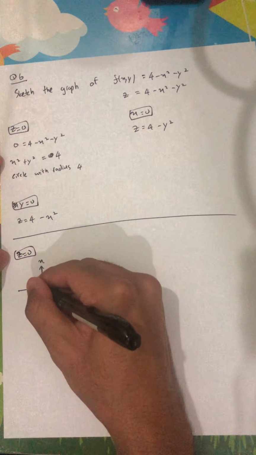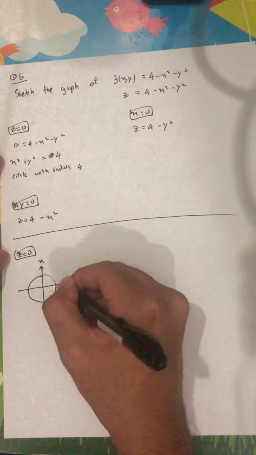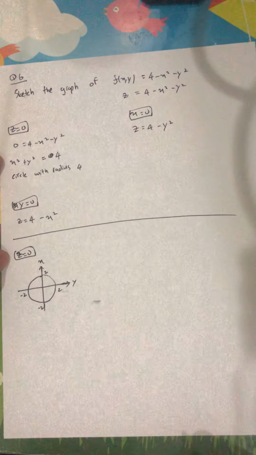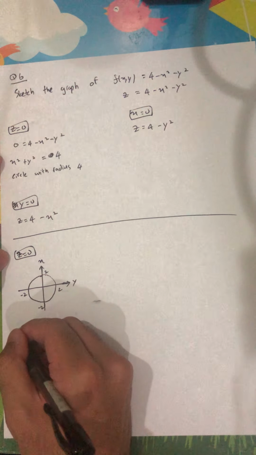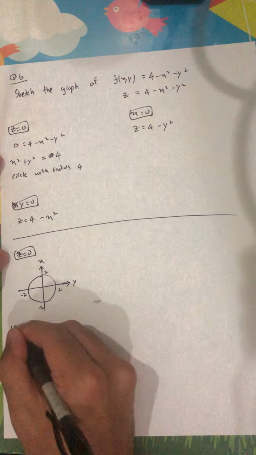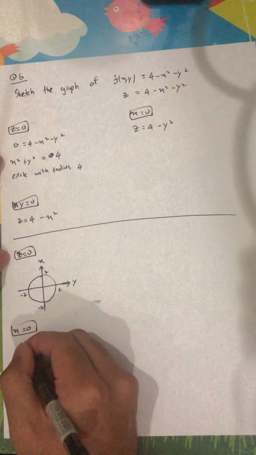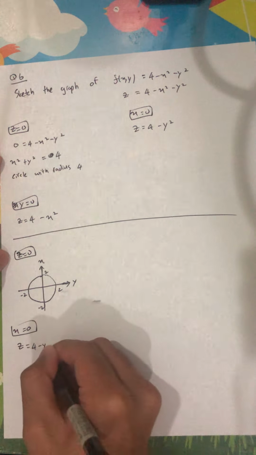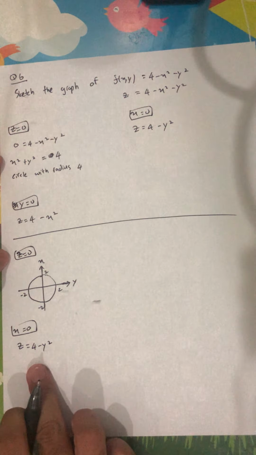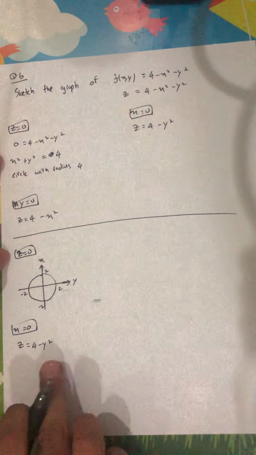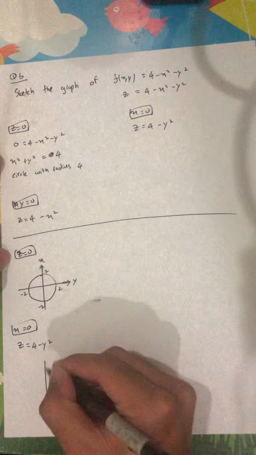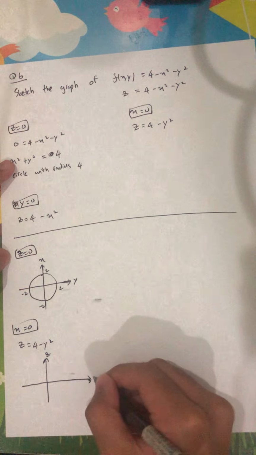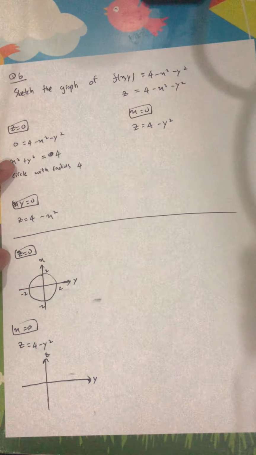So basically it is like this, right? Now at x equal to 0, we have z equal to 4 minus y squared. What plane is this on? It is on the zy plane. It must be on the z, y plane. Alright.